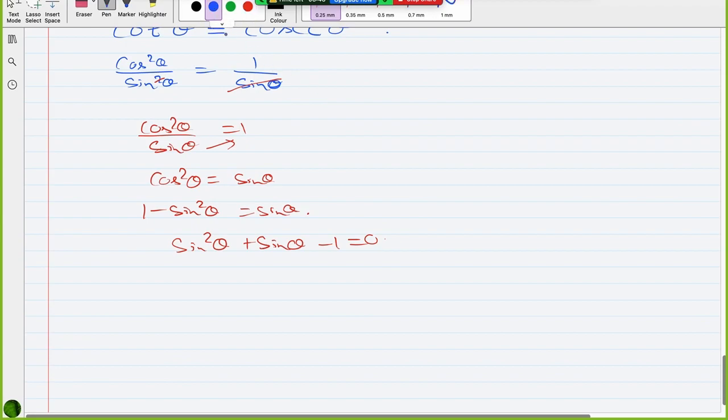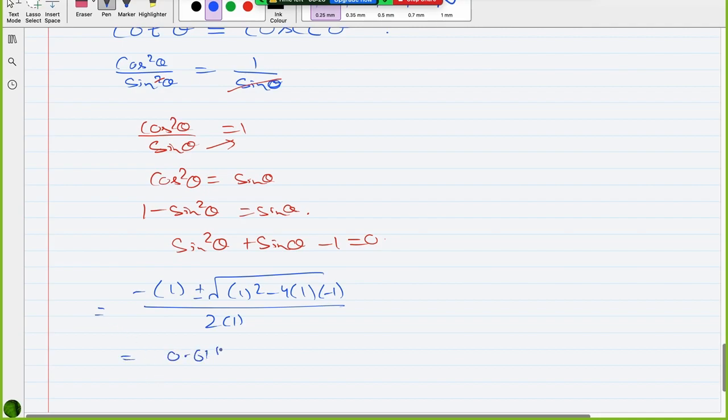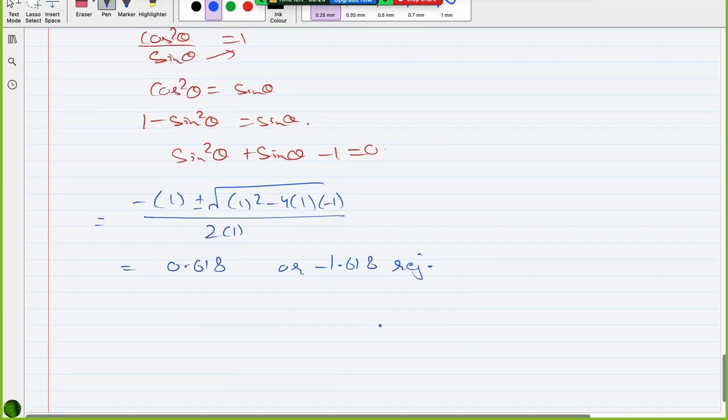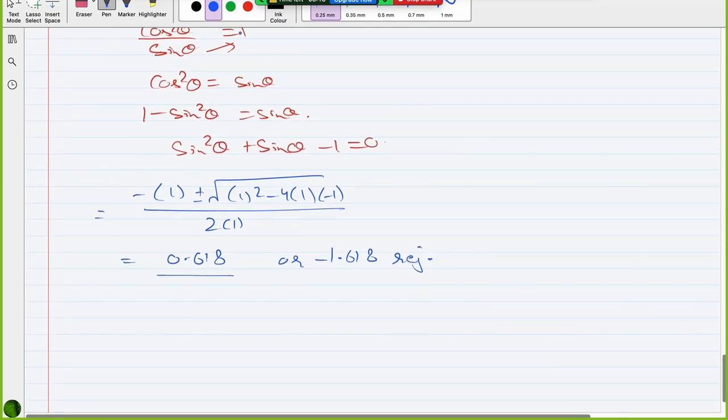Now we can use the quadratic formula for this: minus b plus minus square root b square minus 4ac over 2a, and we have 0.618 or negative 1.618, which is again rejected as it is outside 1 and minus 1. Using 0.618, sine alpha is equal to 0.618.